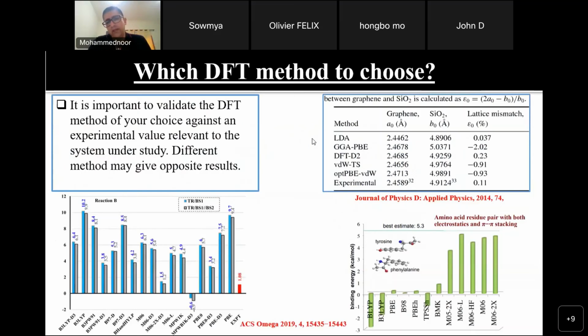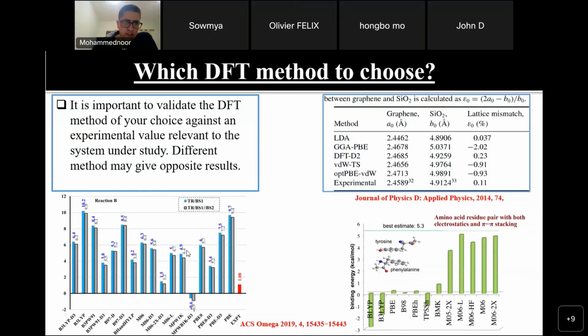I think the message that we need to convey to the student is that it's very important for them to validate the DFT against an experimental value that is relevant to the system that they wish to study, because different methods may give opposite results.